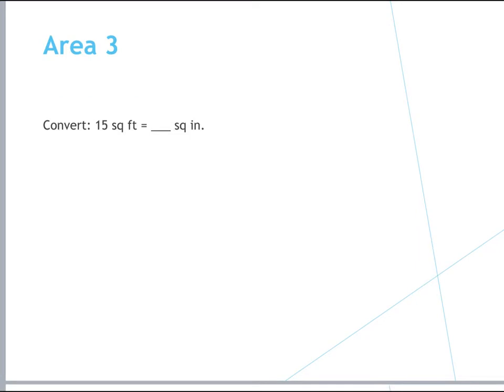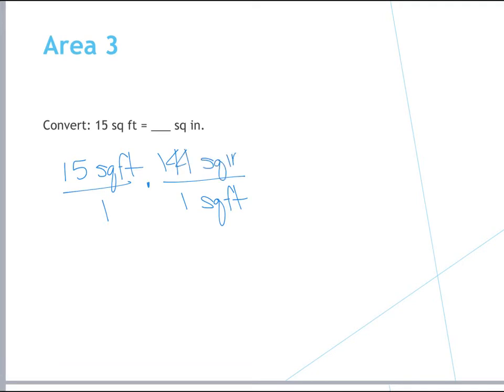Okay, so let's do an example here. I have 15 square feet. How many square inches is that going to be? We are going to use those unit fractions. So I have 15 square feet over 1 times 1 square foot is equal to that 144 square inches.